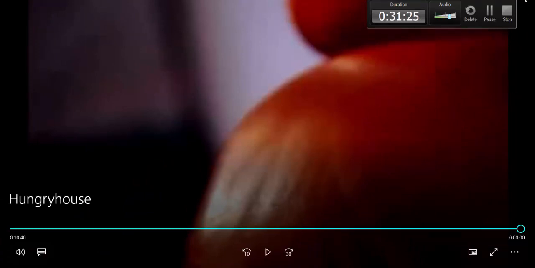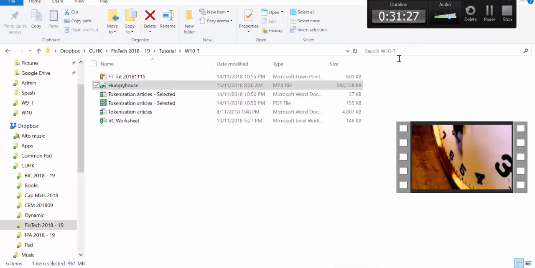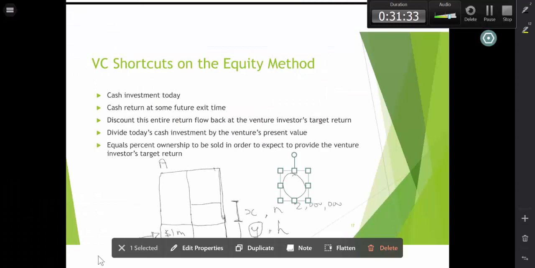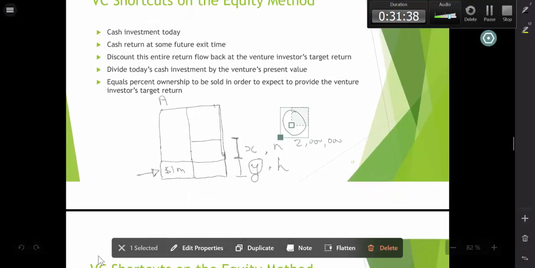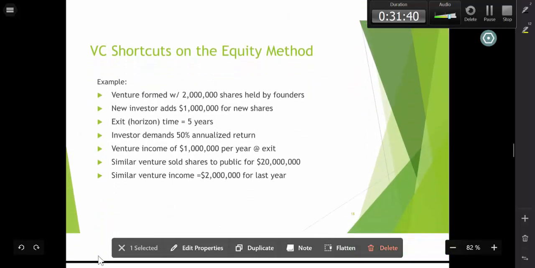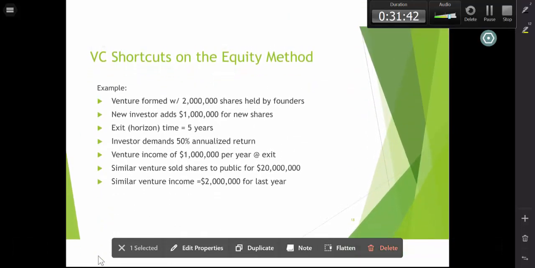Okay. Now, I wanted to show you that because it is related to this example that I want to very quickly go through with you. The example is a simple one, but nevertheless has some similarities.